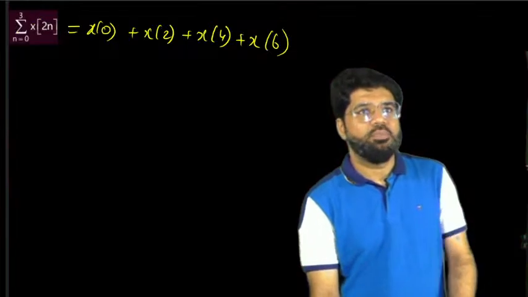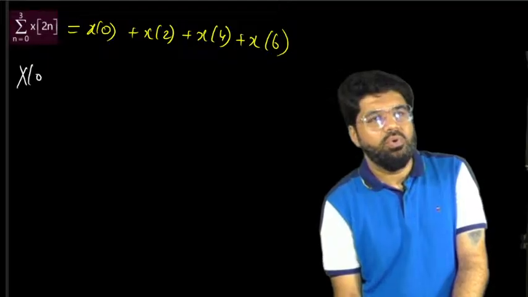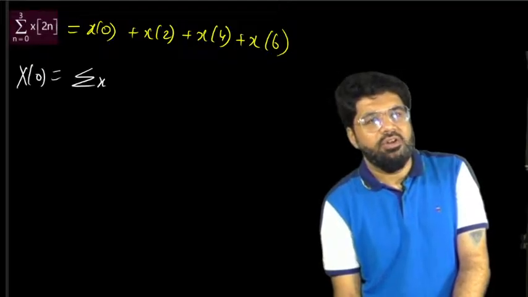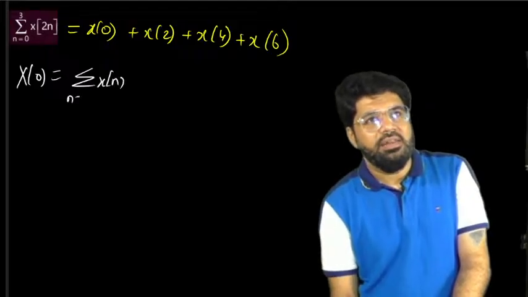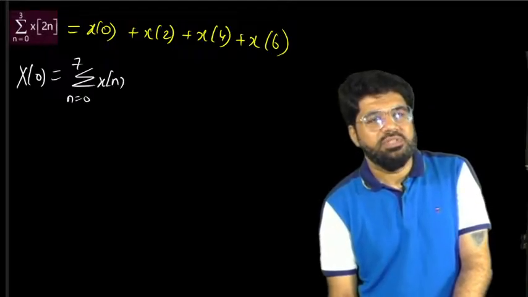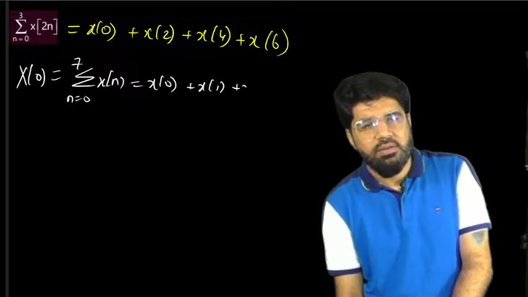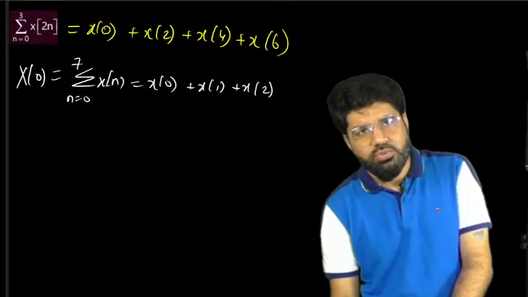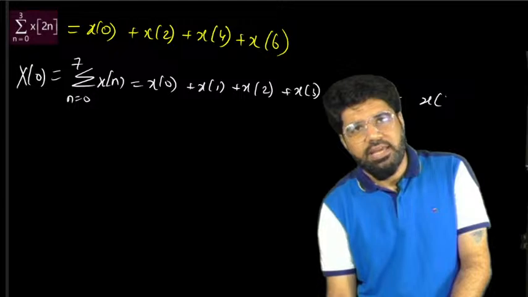So using these properties, capital X0, as I told you, is summation of xn. Here it is an 8-point DFT, so n is 0 to 7. That means it is x0 plus x1 plus x2 plus x3, till x7.